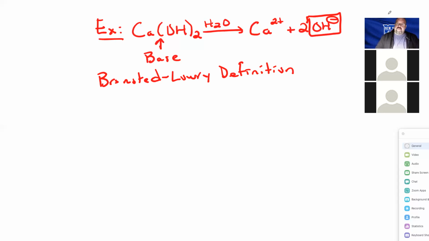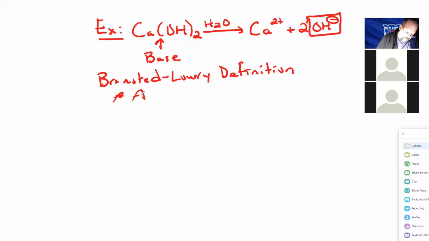In the Arrhenius definition, you look at a singular reactant and what it does when you place it in water. But in the Bronsted-Lowry definition, you look at 2 reactants and you try to figure out, of course, which one is behaving as the acid and which one is behaving as the base. Okay.